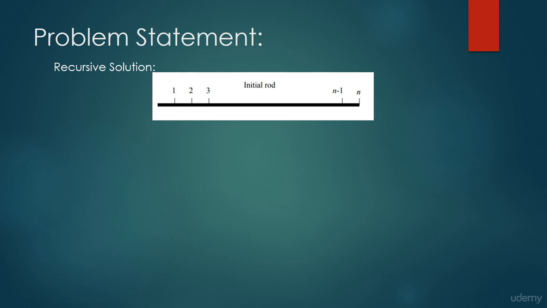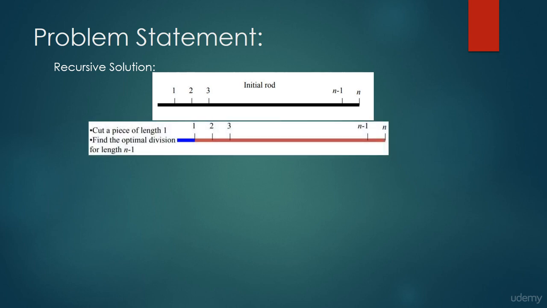Now, one possible way of cutting this rod is, in the first cut, you would cut a piece of length 1, sell that piece, and then find the optimal solution for the length n minus 1 that is left, because I took one. So I sell a piece of length 1, and I find the optimal solution for the remaining part, and that is one possible way of cutting it.